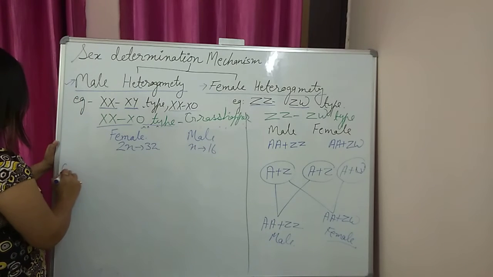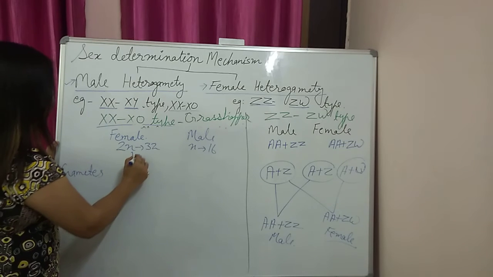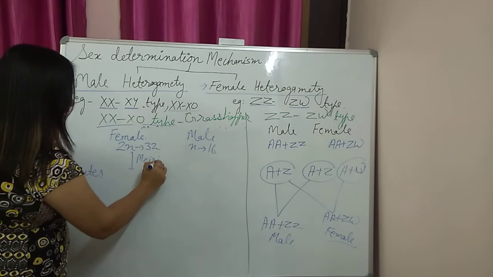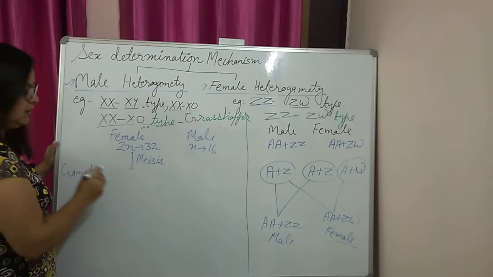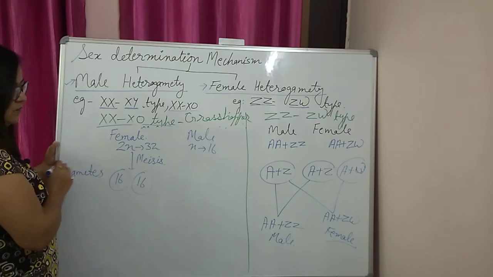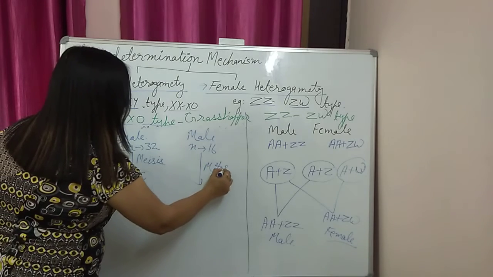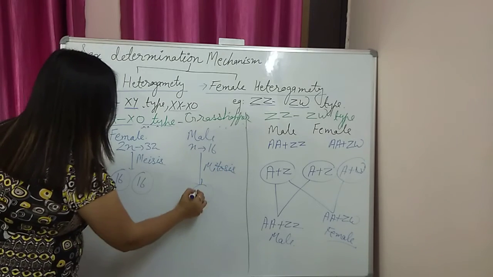At the time of gamete formation, in the female, meiosis takes place and the gametes have 16 chromosomes. In the male, simple mitosis forms the male gamete.